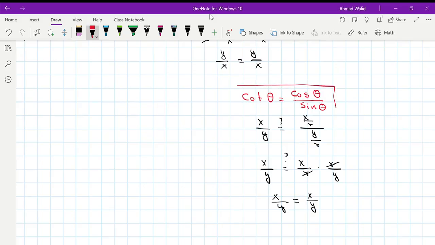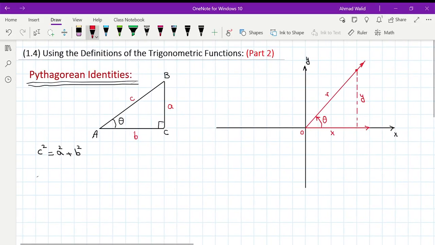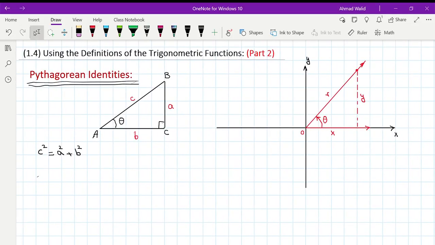Always you can replace cotangent theta in terms of cosine and sine, cosine over sine, or if you see somewhere you have cosine theta over sine theta, you can replace it with what? With cotangent theta, based on what you need, correct? Now, when I'm done with this part, let's talk about Pythagorean identities, correct?